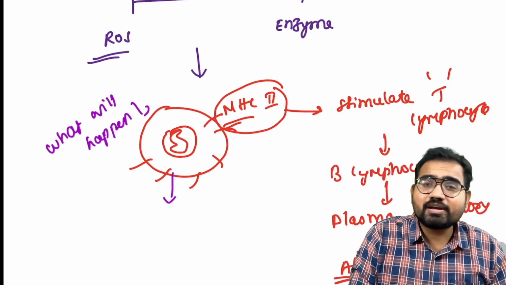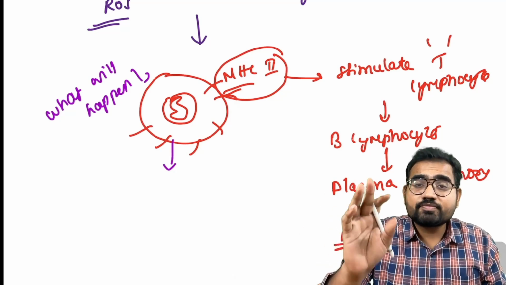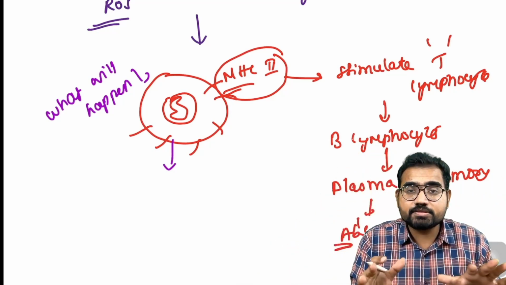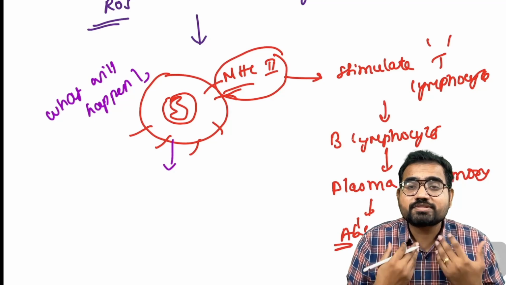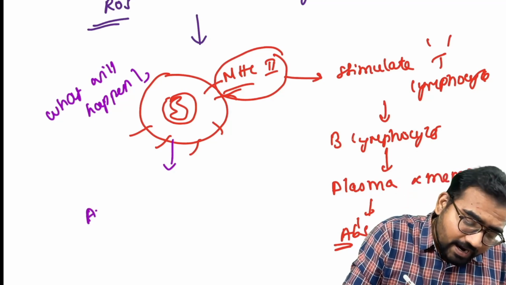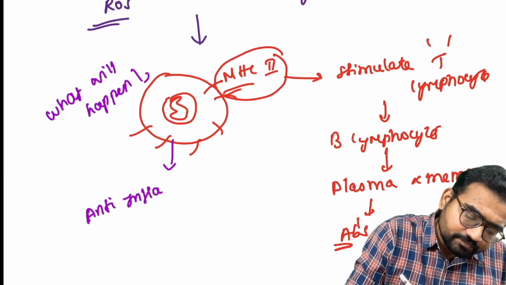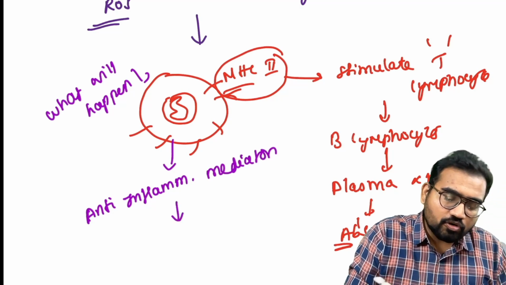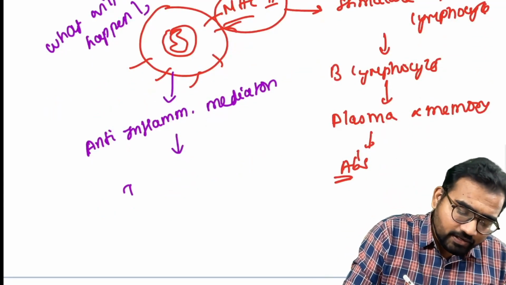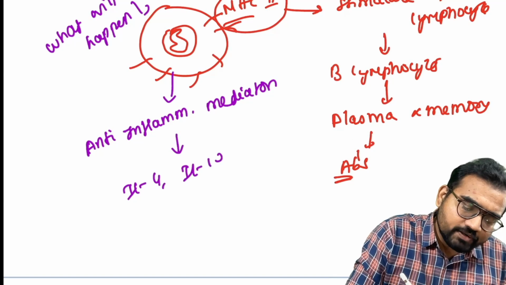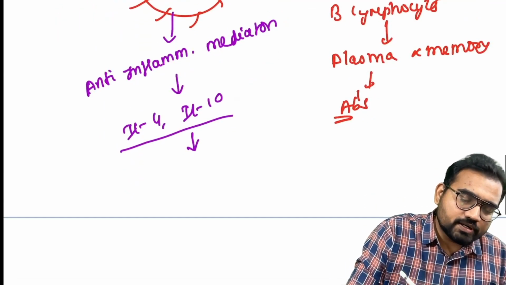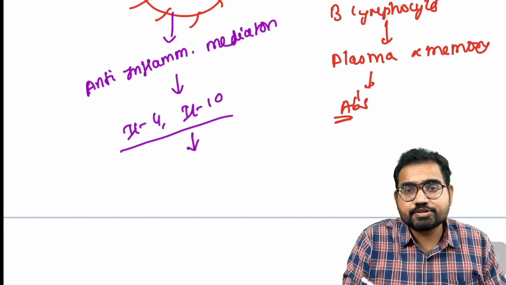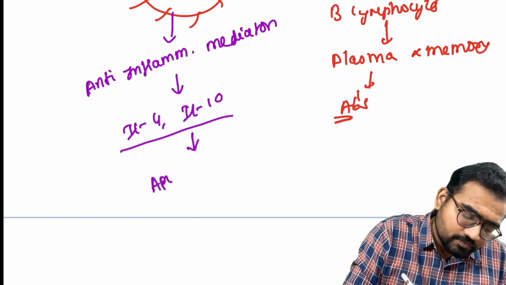Instead of synthesizing pro-inflammatory cytokines, once the inflammatory process has ended, that is, the bacteria is destroyed, our body synthesizes what are called anti-inflammatory mediators. Anti-inflammatory mediators are interleukin 4 and interleukin 10. They result in destruction of neutrophils by apoptosis.